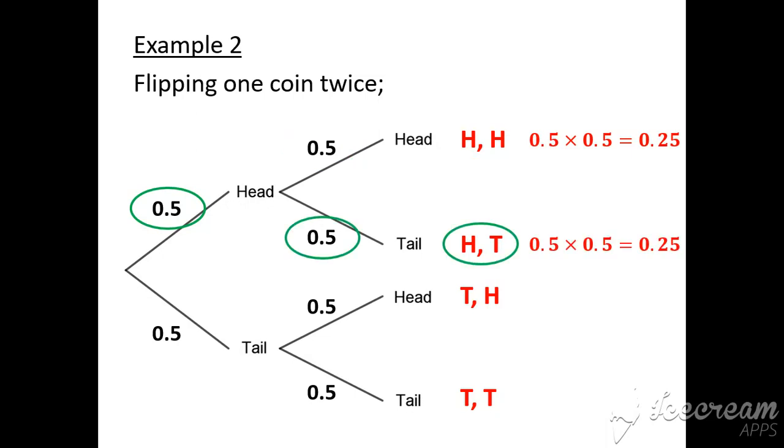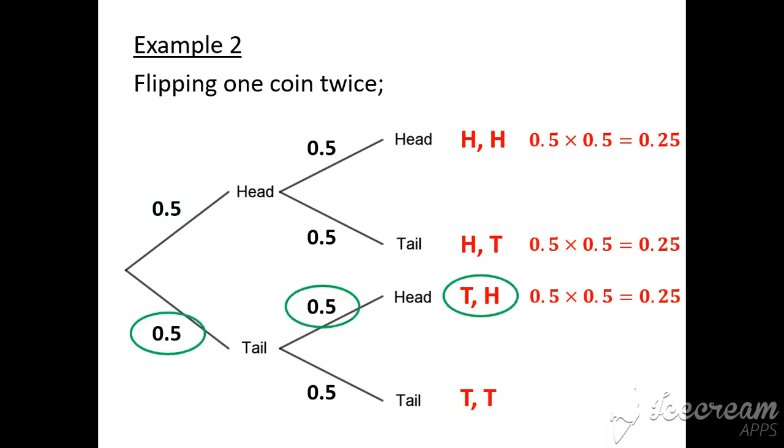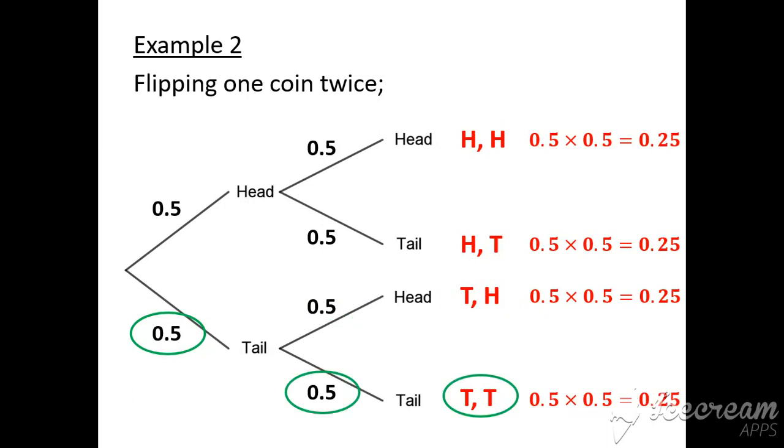Multiply the probabilities on each of the branches to get the respective total probability of each outcome. Notice they all come out to be 0.25 because 0.5 times 0.5 is 0.25, which means there's a 0.25 chance of each of those 4 outcomes, either head-head, head-tail, tail-head, or tail-tail.